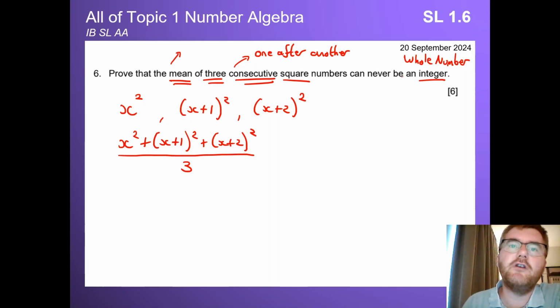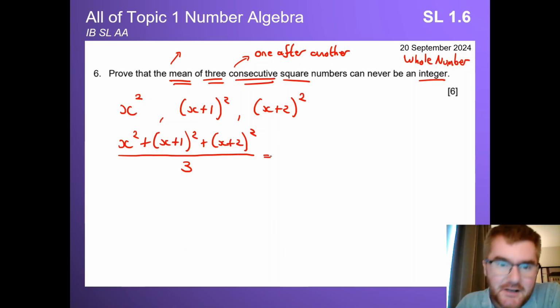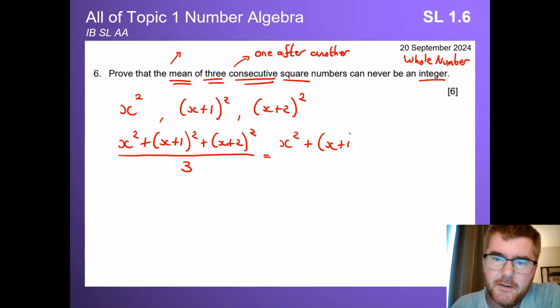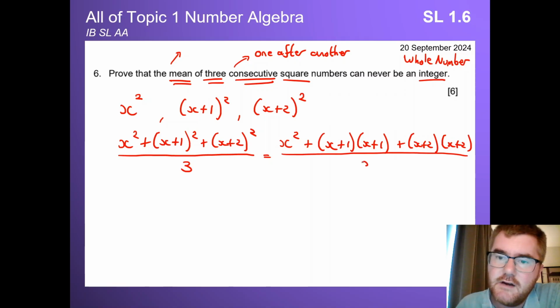Usually it becomes straightforward or obvious when you get there. So first thing we do, we've got brackets, so let's expand some brackets. Now you're thinking, there aren't brackets to expand. Well, remember, squaring is timesing by itself, so it's x plus 1 times x plus 1, and x plus 2 times x plus 2. Again, all over 3.